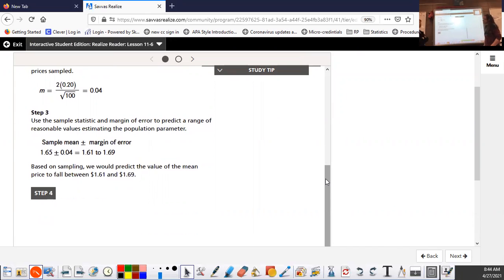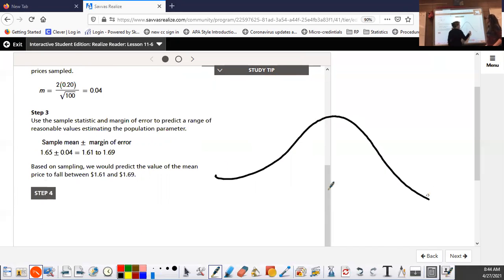I always think of it as kind of a normal curve. If it's true that your price is set at $1.45, then it shouldn't have gone far from that. What is the sample statistic and margin of error? $1.65 is what they got when they went around town.